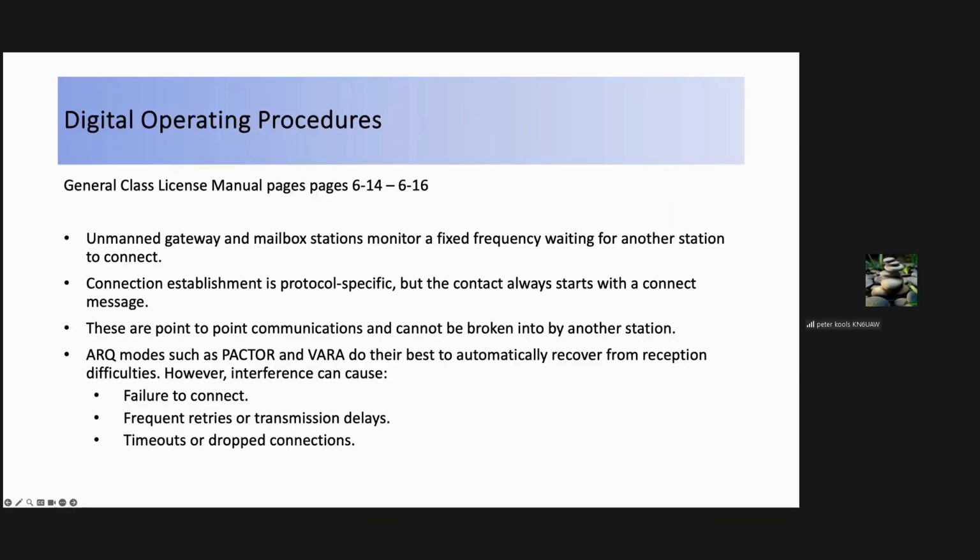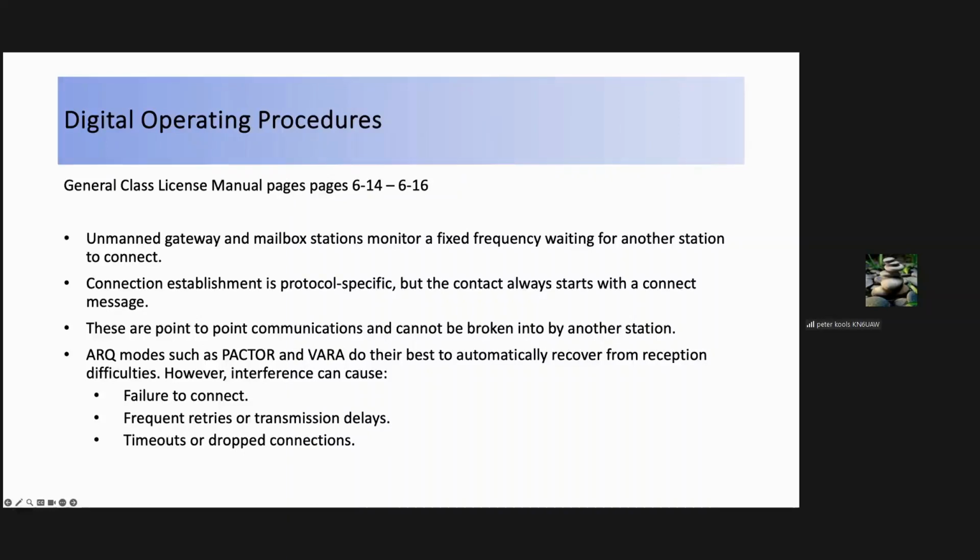Digital operating procedures, and we are closing in on the end of this long conversation here. So thanks for hanging in there. So digital. Unmanned gateways and mailbox stations monitor a fixed frequency waiting for another station to connect.